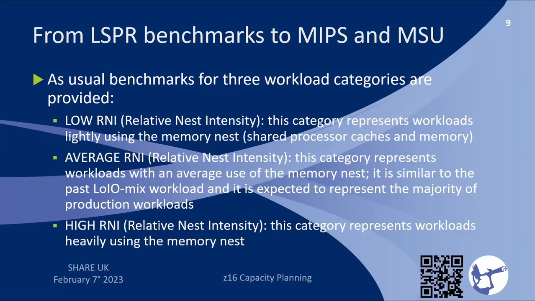As usual, you have three workload categories: low RNI, average RNI, and high RNI. RNI is an acronym for relative nest intensity, and it tells you when you are in a critical situation: when the machine cannot find what it's looking for in the first two levels of the cache, it goes further away, and the further away it goes, the more it affects the capacity the machine is going to deliver.